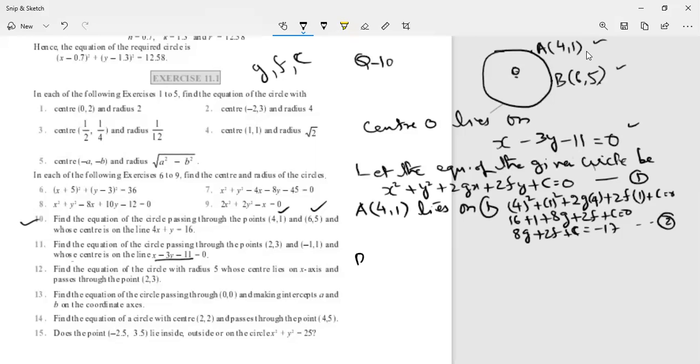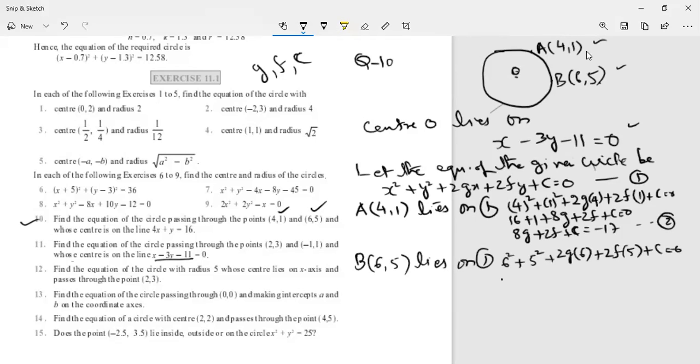Similarly, point B, (6, 5), also lies on the first. So again, we will put 6 instead of x and 5 instead of y: 6 square plus 5 square plus 2g into 6 plus 2f into 5 plus c is equal to 0.